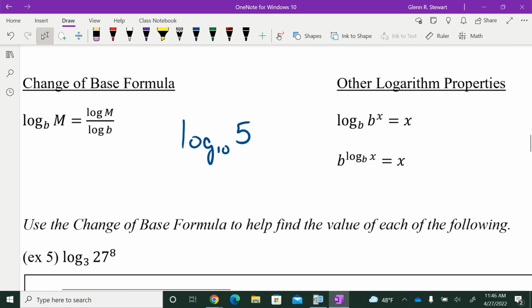Another good example that I like to give everyone, just with numbers, is if I had log base 3 of 3 to the 4th power, my answer would be 4. Or if I had 3 to the log base 3 of 4, my answer would be 4, just based on the fact that those bases are the same.